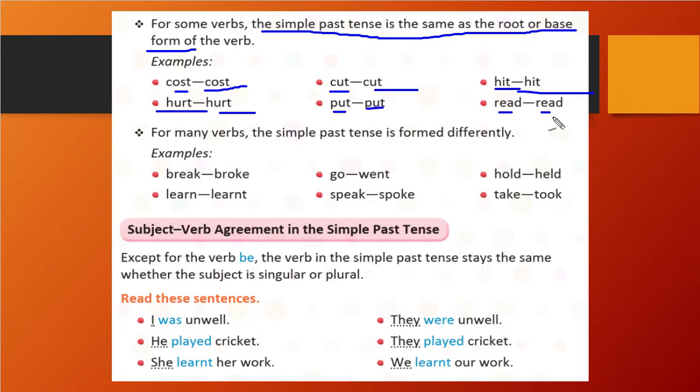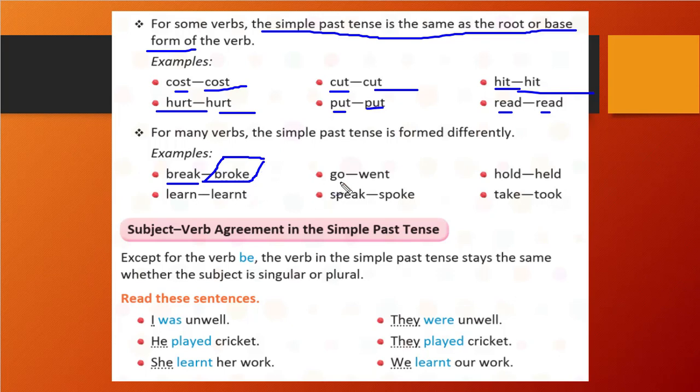Here see some more examples. You can see the spelling B-R-E-A-K. This is the root form, break. But you see the simple past form is broke, B-R-O-K-E. It is totally different from the root form.